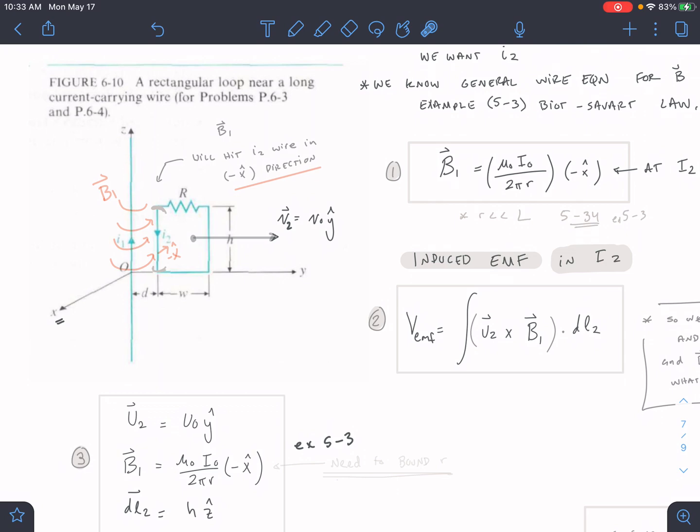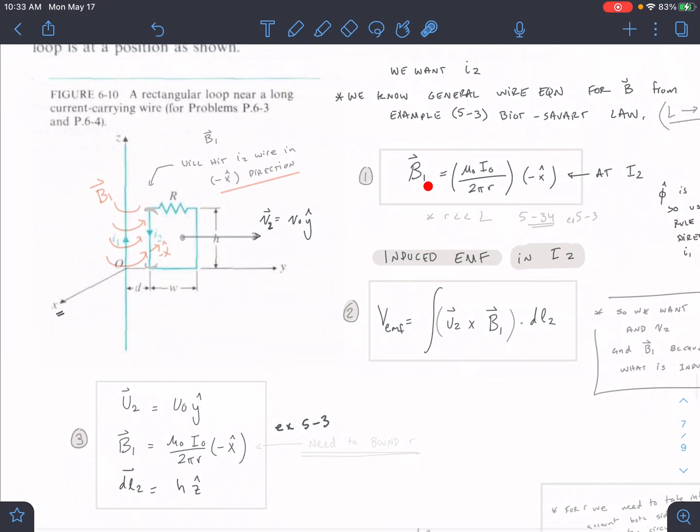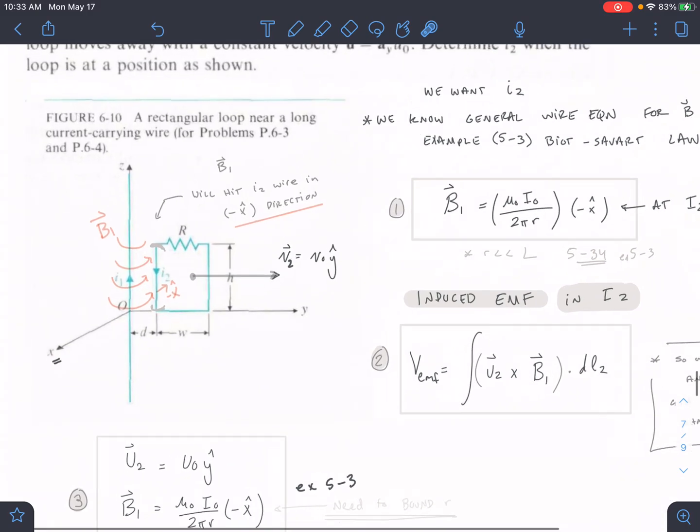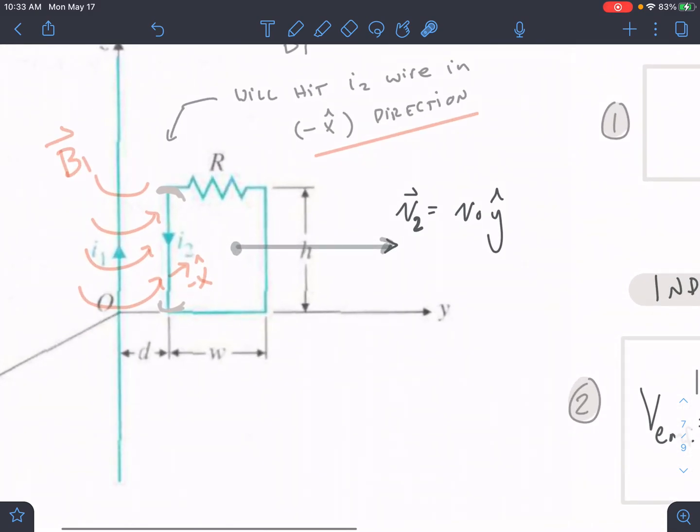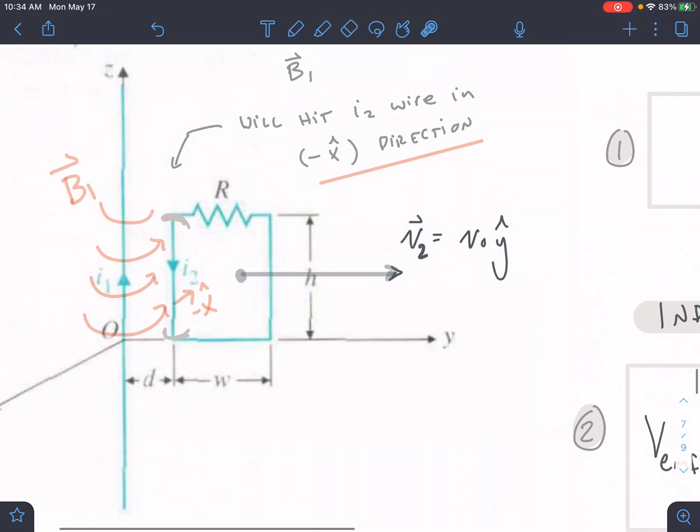Okay, so we have the B field that's coming from that wire. So we need to figure out the direction that that B field hits I2, because we're trying to find I2. So we're looking at this wire, so we're zooming in, and at this wire we want to know how the B field is affecting it, because that's going to affect how the current's induced. So B field is radial because of the right hand rule, so thumb in the direction of the current, B field in the direction that your fingers are wrapping around, and it's going to hit I2 in the negative x hat direction.